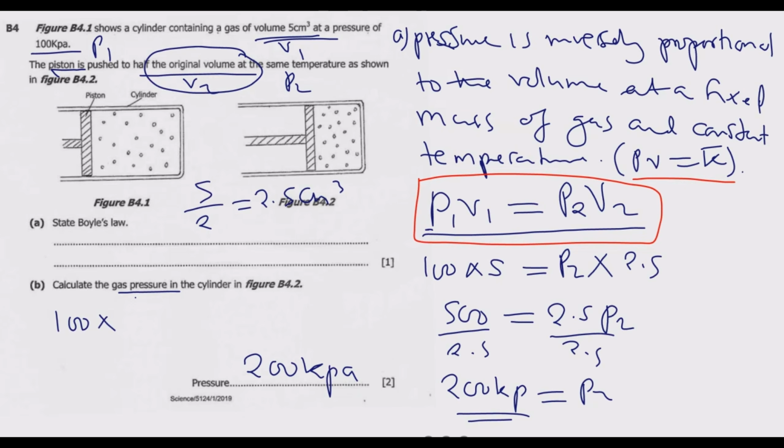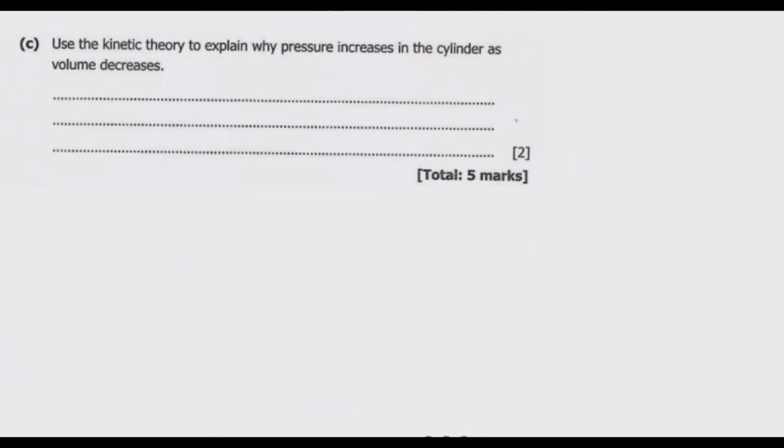Once the piston is pushed in, this space reduces. As the space reduces, they will start colliding with each other more often and also against the walls repeatedly. Because of that, the pressure increases.